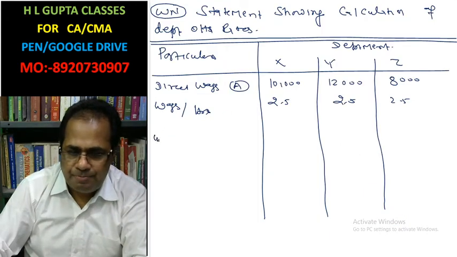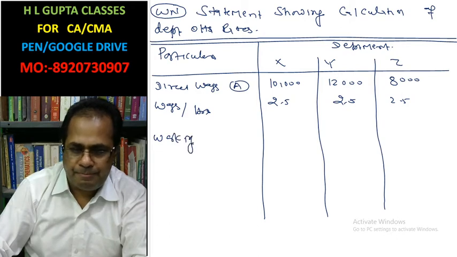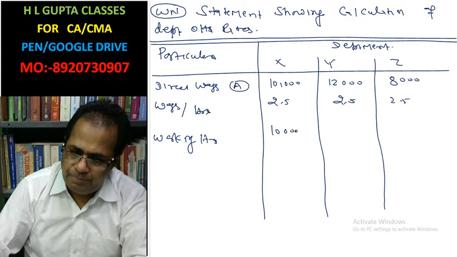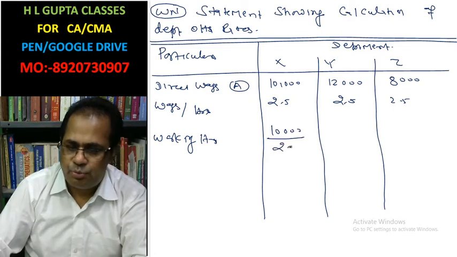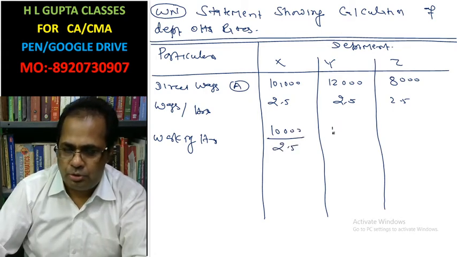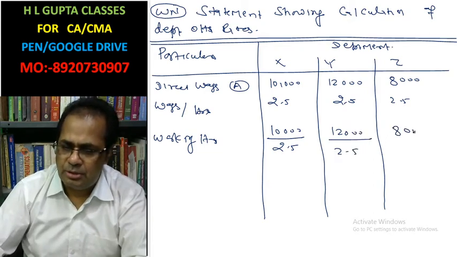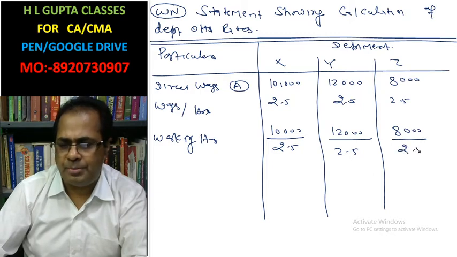Working hours: 10,000 divided by 2.5, 12,000 divided by 2.5, 8,000 divided by 2.5. How does this come?